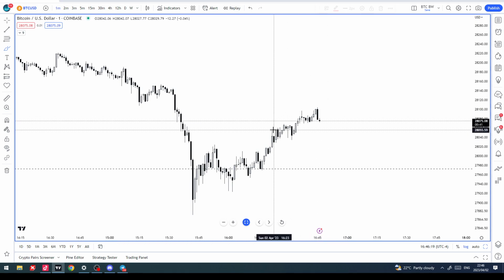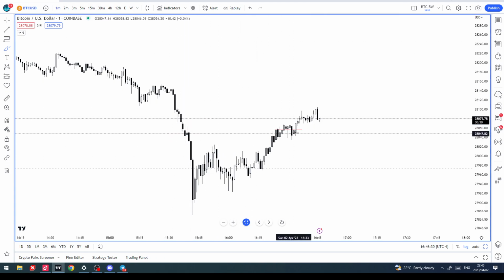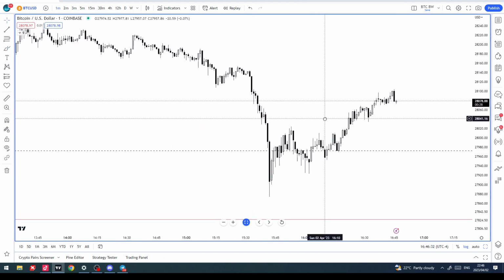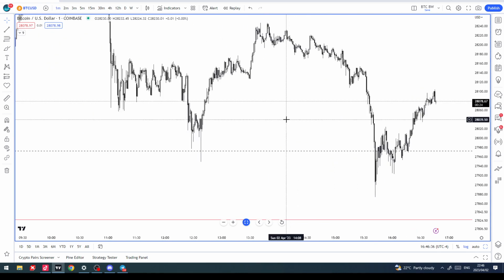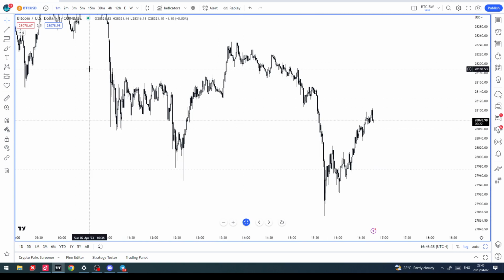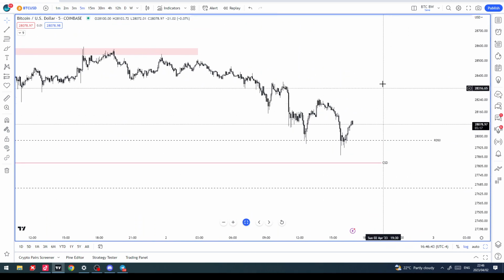Because you saw the same thing happen here. High being broken, candle got traded through, then what happened? Why didn't it go down? Because you're in the middle of nowhere here. So just be careful how you use CSD, because this could all just be retracement on this time frame.